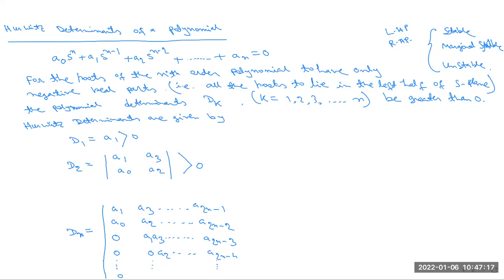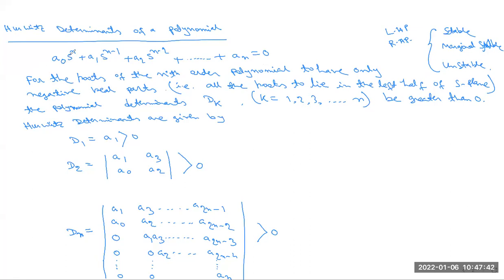The last line is 0, 0, and the last an. Okay, and its value is also always greater than 0. So these are basically the Hurwitz determinants of a polynomial form. I just repeat once again. This is very important. You are given a higher order characteristic equation.